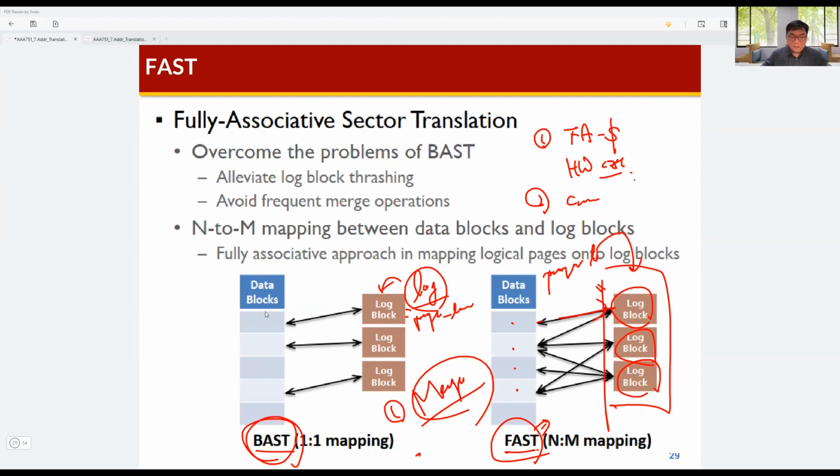Okay, and then it also requires very complex operations inside of the SSD. So the complex management, or complex mechanisms of this random page management in the SSD, is the problem of FAST mapping. How can you solve this problem?